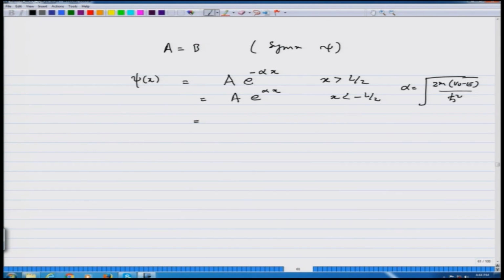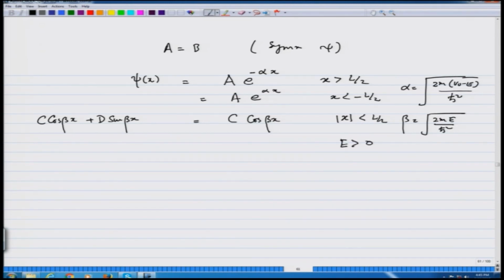I have C cosine of beta x plus D sine of beta x. For symmetric solution, the only function that is symmetric between the two is cosine. So, this is going to be some constant C times cosine of beta x for mod x less than L by 2, where beta equals square root of 2 m E over h cross square. Keep in mind that E is greater than 0.